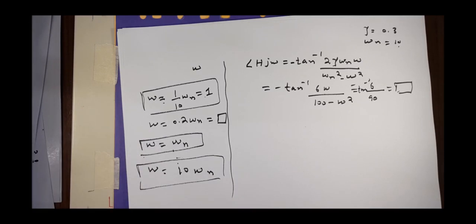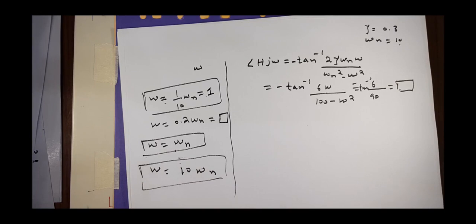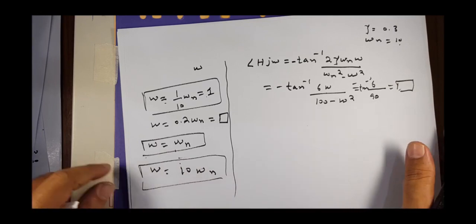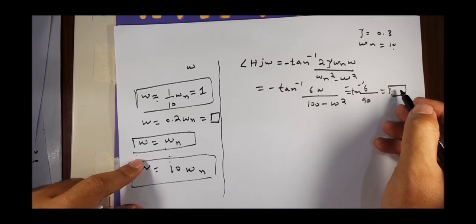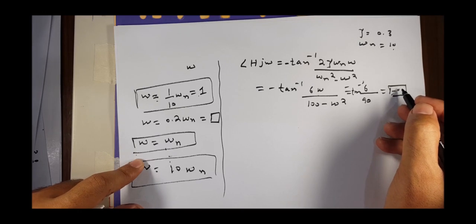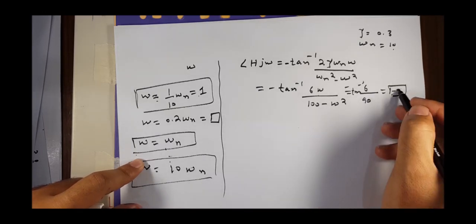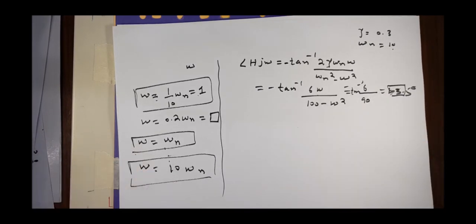If you pay close attention, this 6 by 99, tan inverse of it will be approximately minus 3.5 degrees.